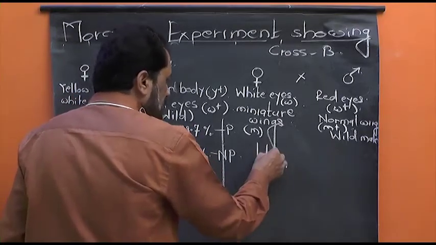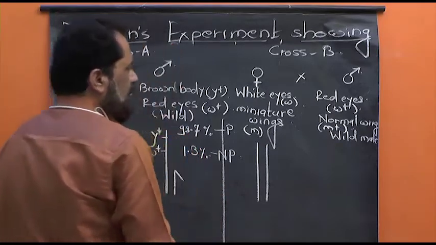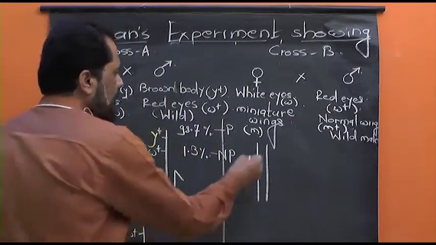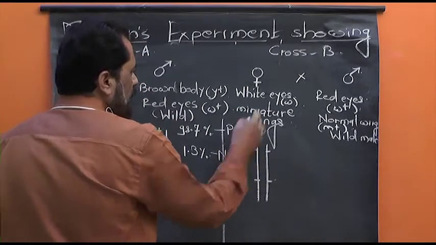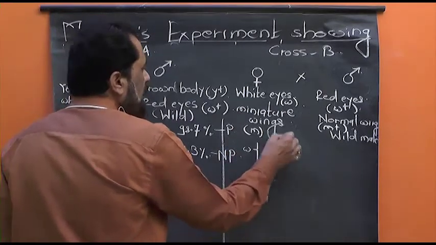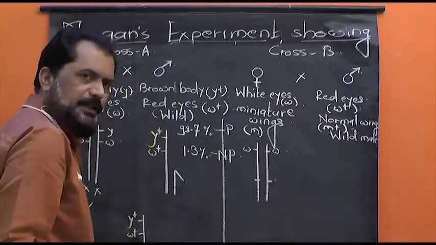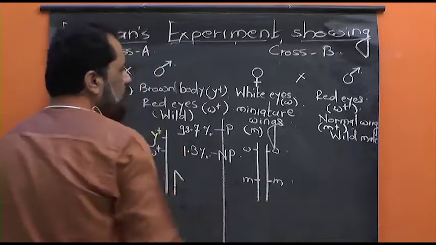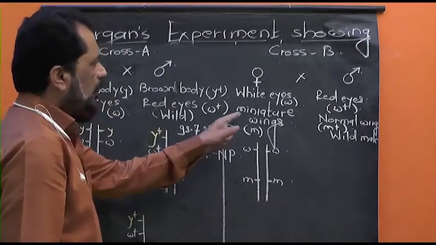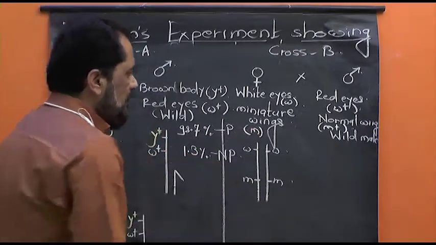Suppose in this double homozygous recessive female, I am going to show a pair of genes WW controlling the character of white eye color and MM controlling the character of miniature wings.